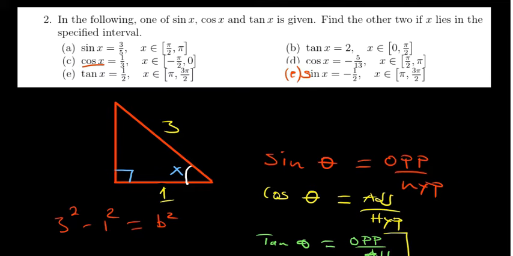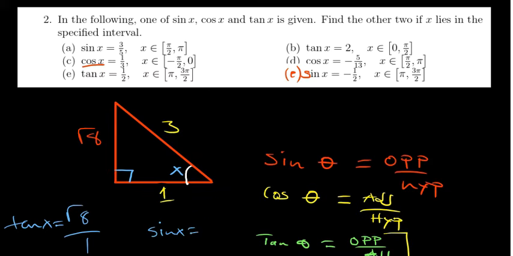So 3 squared is 9 minus 1, that's 8, so root of 8. Then tan is opposite over adjacent, so root of 8 over 1 for tan of x. And for sine of x, opposite over hypotenuse, root of 8 over 3.